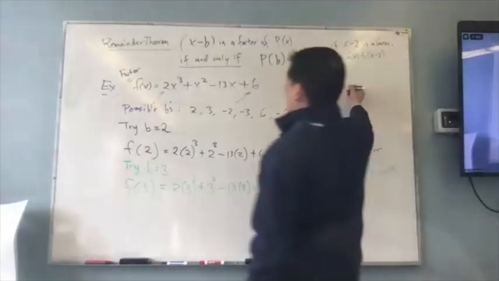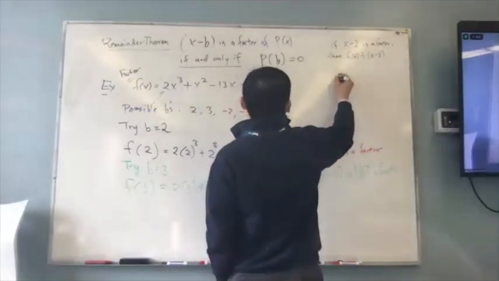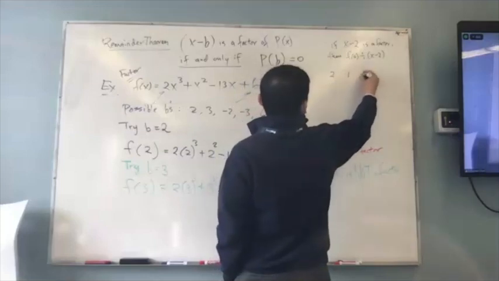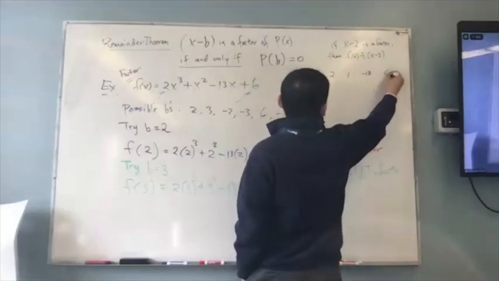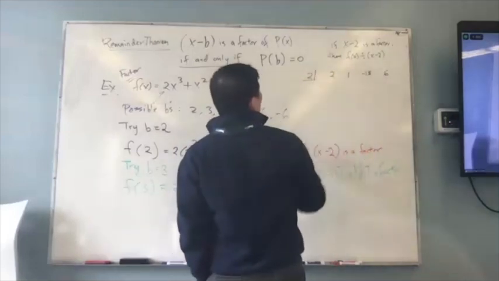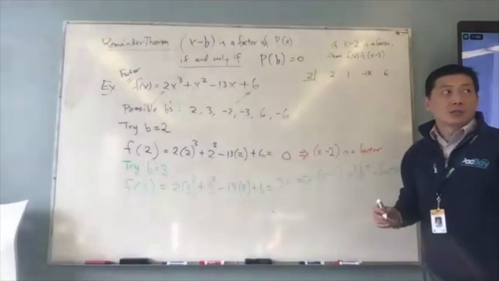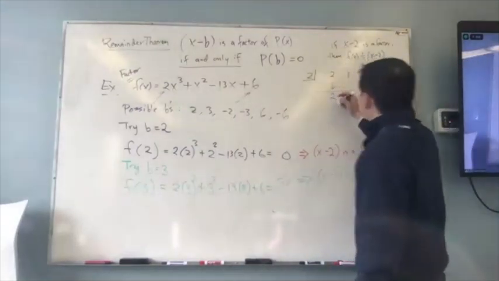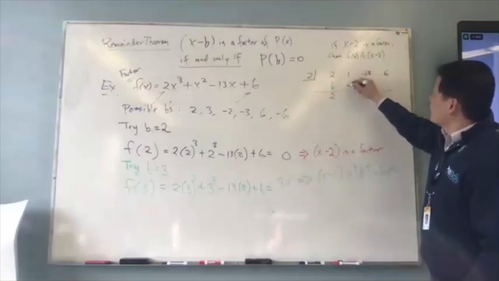Okay, so I'm going to go ahead and do synthetic division. 2, 1, negative 13, 6, and then 2 is my factor. So bring the 2 down. 2 times 2 is equal to 4.